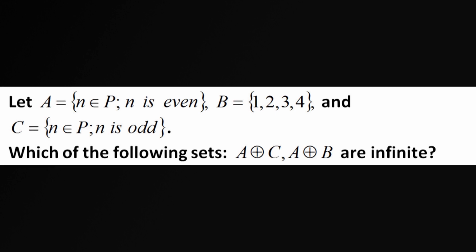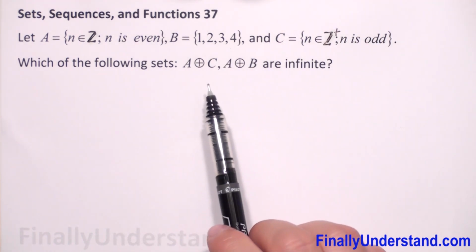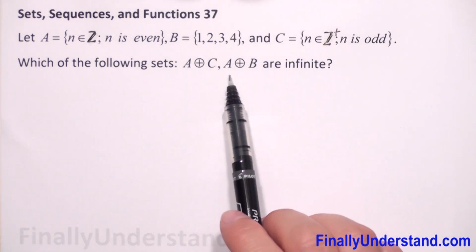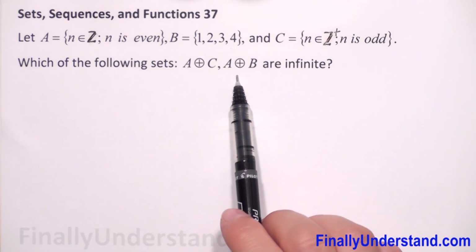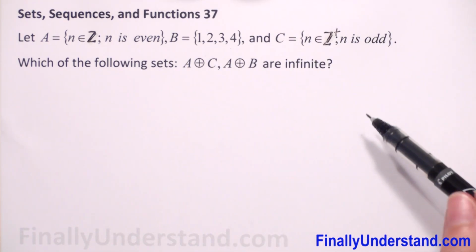We have given sets A, B, C, and we have to find which of the following sets, the symmetric difference of sets A and C and the symmetric difference of sets A and B, are infinite.